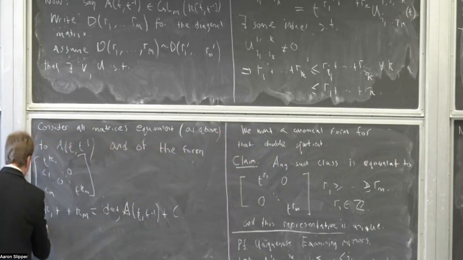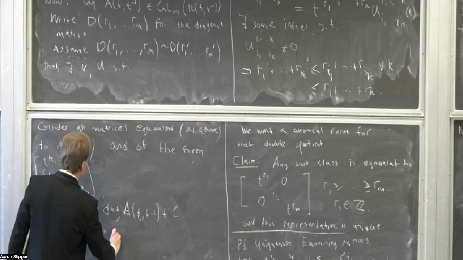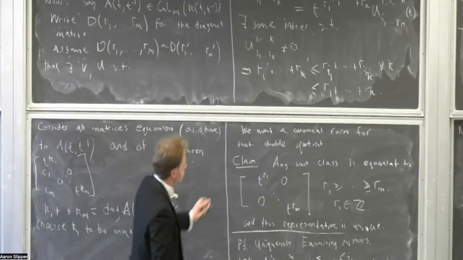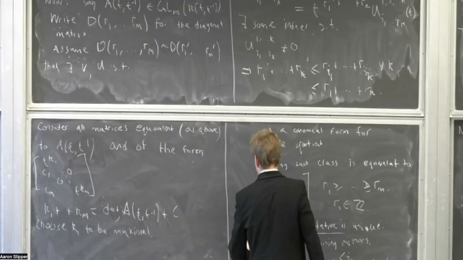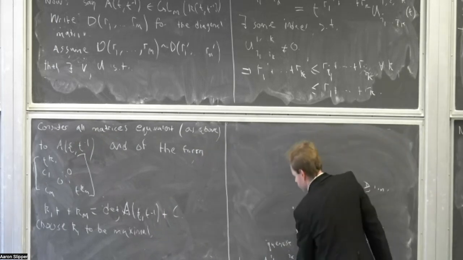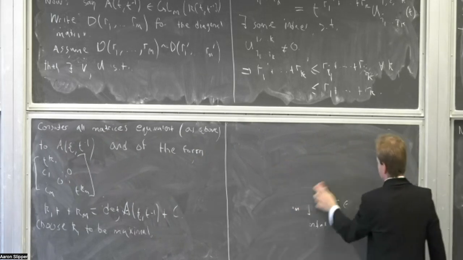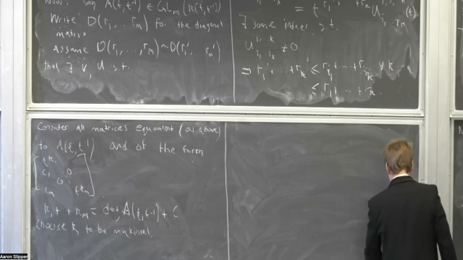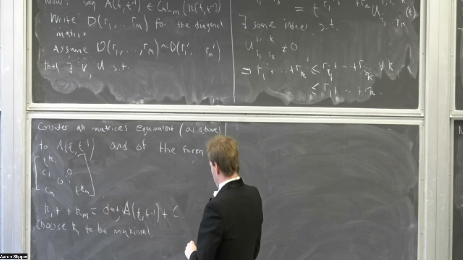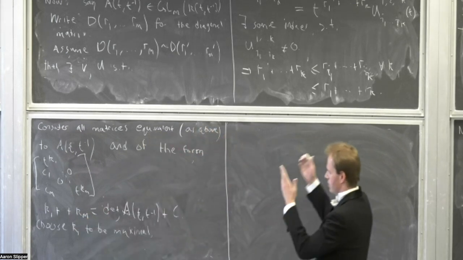is going to, I claim, be bigger than all the other Ki's that you see in this blue. So choose K1 to be maximal, and we know that the maximum will be achieved because these are bounded above.